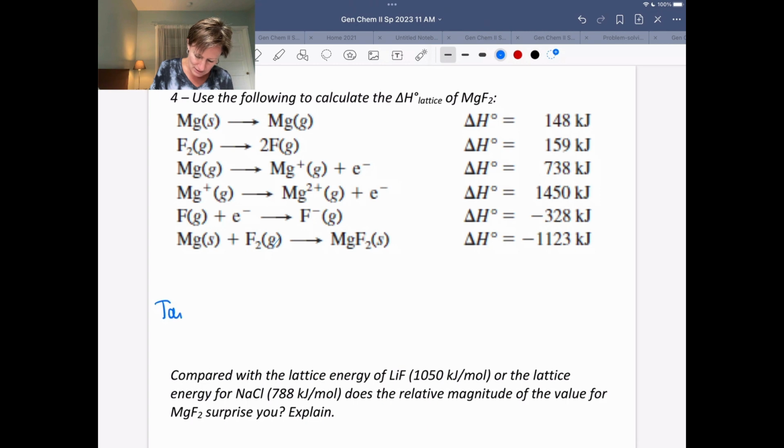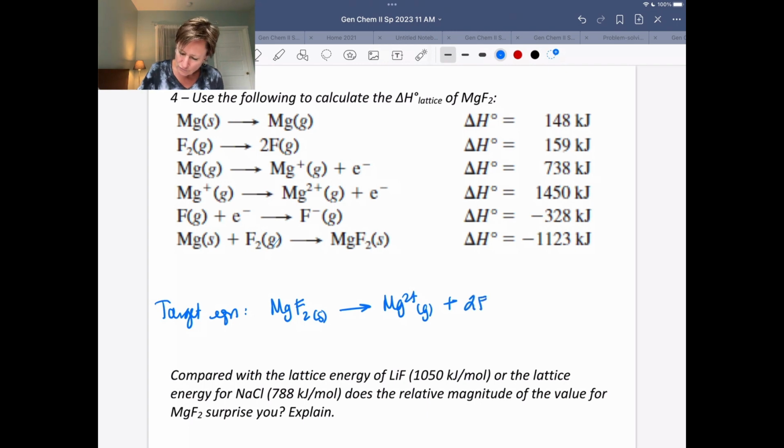Lattice energy for magnesium fluoride means my target equation is magnesium fluoride as a solid being made into magnesium cations as a gas. I know it feels really weird to write a magnesium cation as a gas, but that's what this is. And then 2 fluoride anions as a gas. Okay, so that is going to be our target equation.